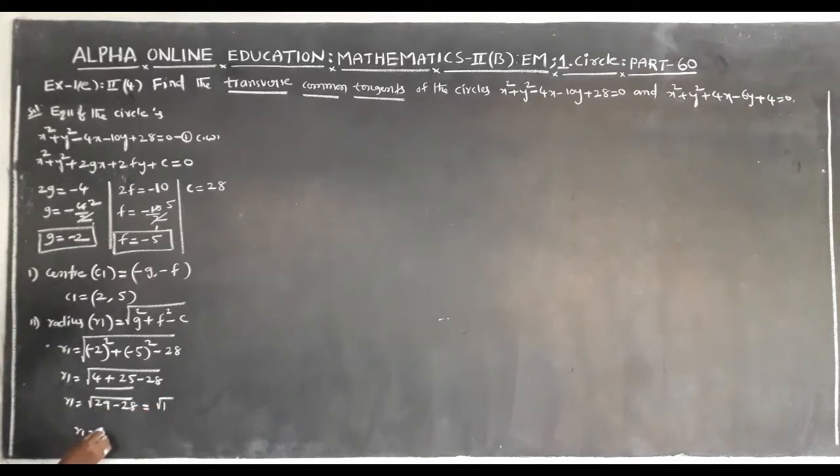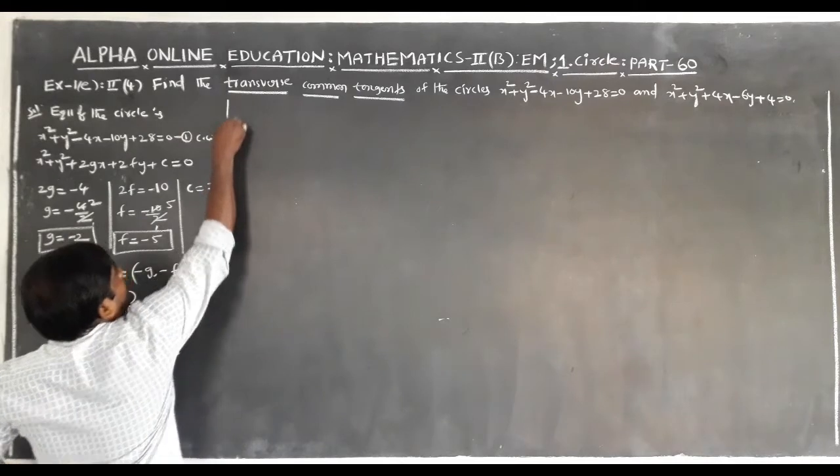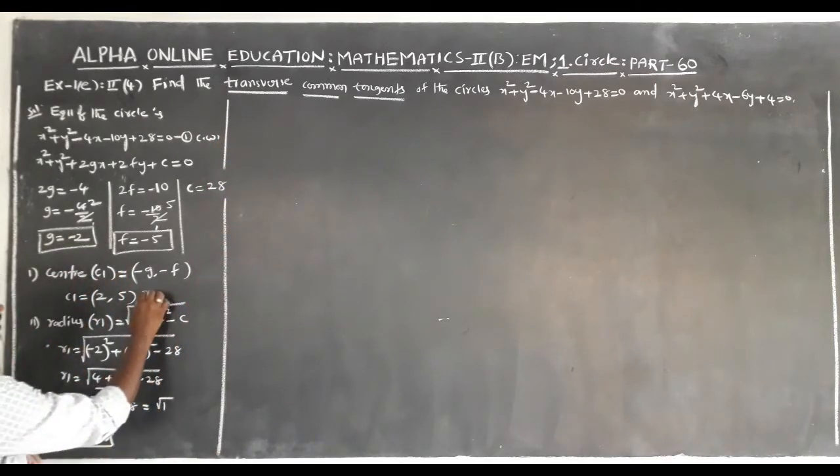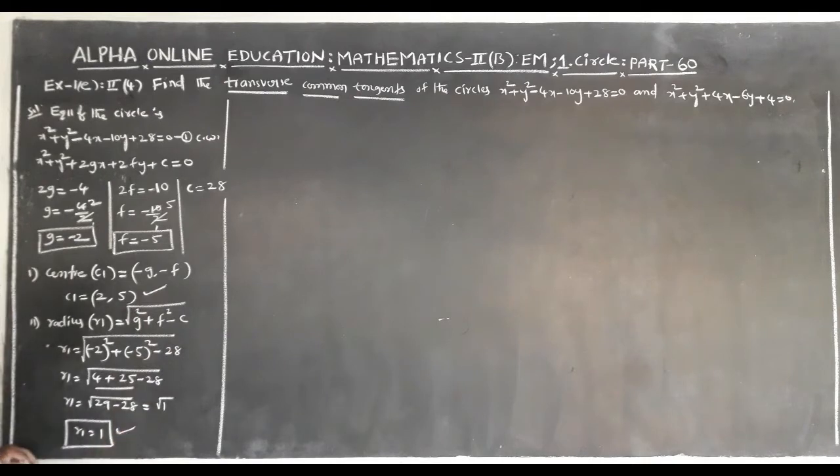Root 1 means 1. Therefore R1 is equal to 1. This is the center and this is the radius of the first circle.